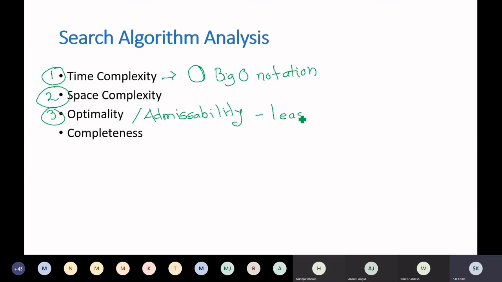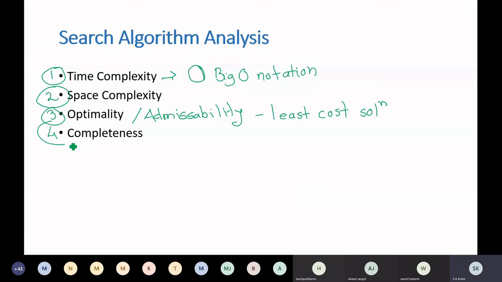Basically it is related with the least cost solution. That is optimality, whether your search program will find the object that you are searching for in an optimal way. So that is the admissibility or optimality parameter.